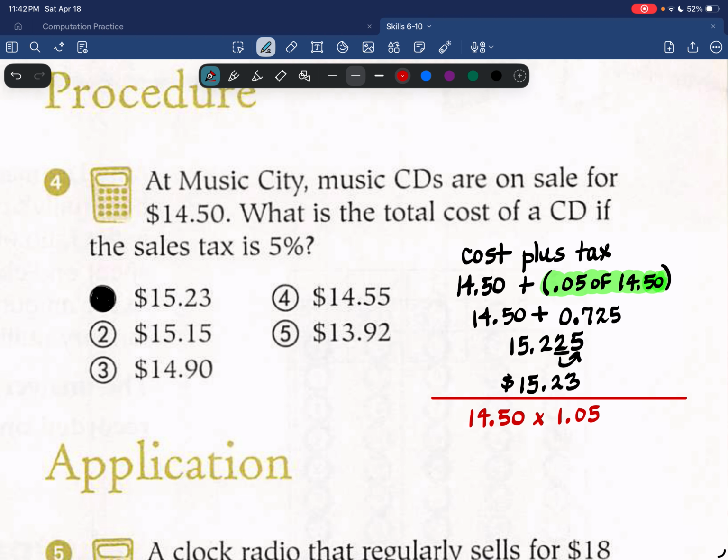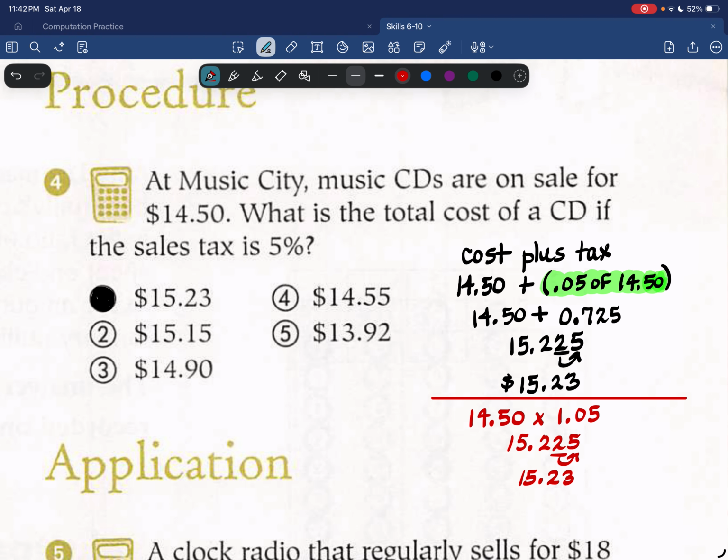And this one gives me a different answer. 1450 times 1.05. Here we go. 15.225 is $15.23.